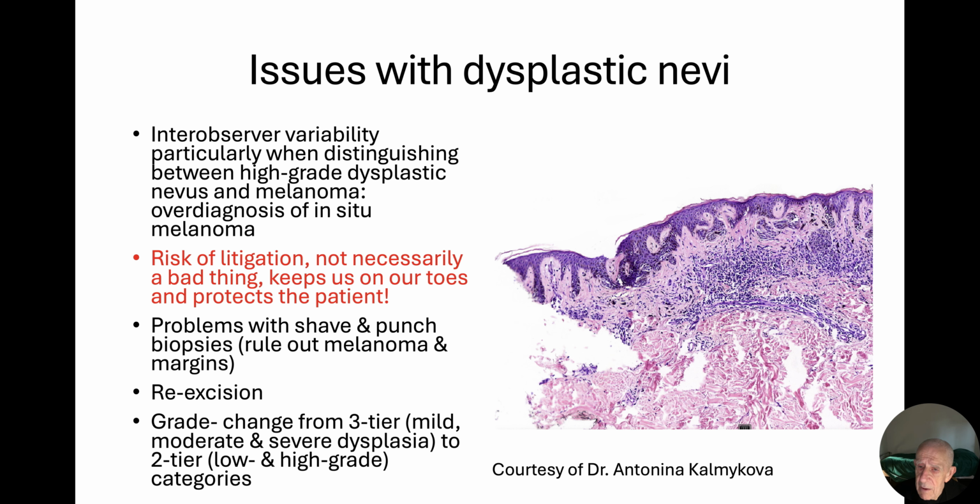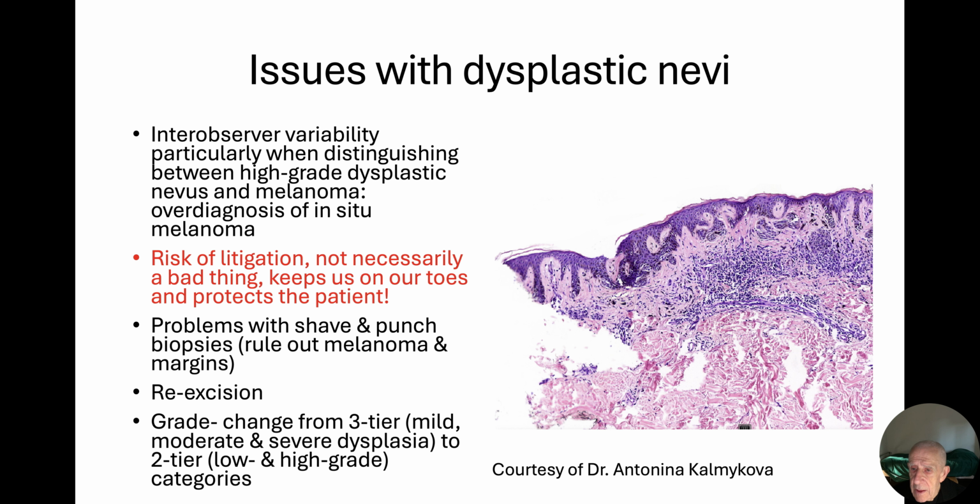It must have architectural disorder, and if it doesn't, then it's not a dysplastic nevus. It's some sort of other atypical nevus, but it's not dysplastic. So I would ask you to pay attention to the architecture of atypical nevi.